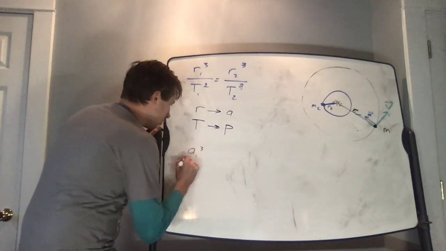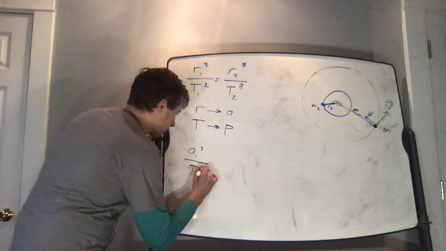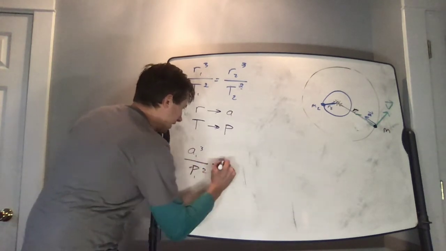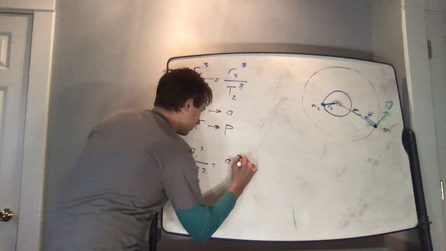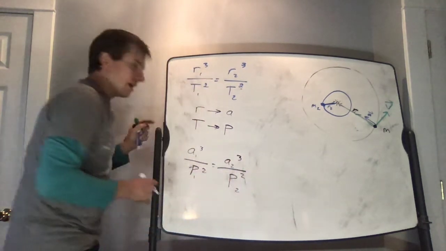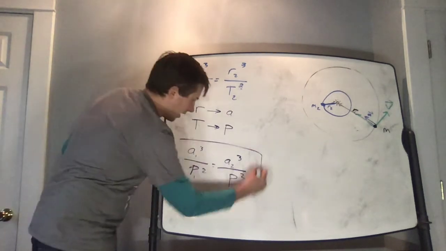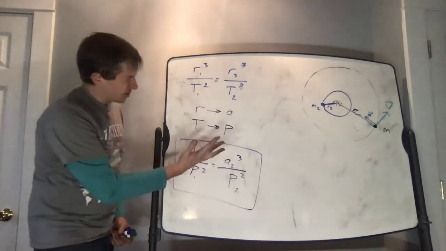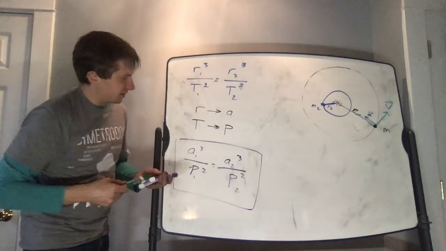A1 cubed over P1 squared equals A2 cubed over P2 squared. So here we have derived Kepler's third law for the special case of circular orbits.